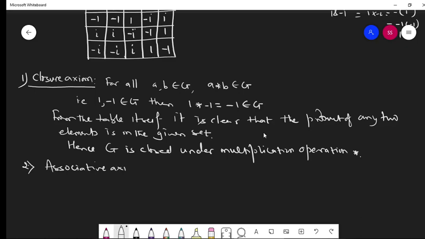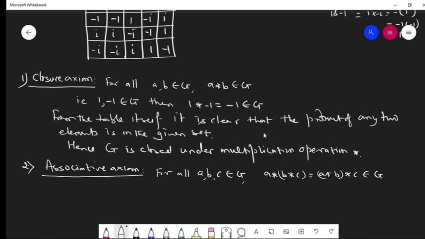Second one is, for this also, for all a, b, c belongs to G, (a asterisk b) asterisk c equals a asterisk (b asterisk c) belongs to G. We may verify this.